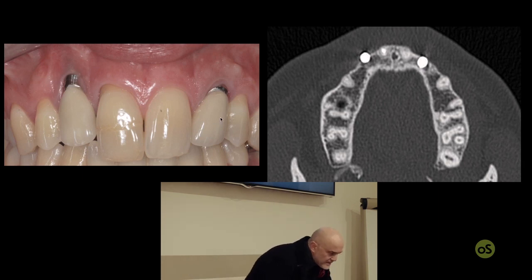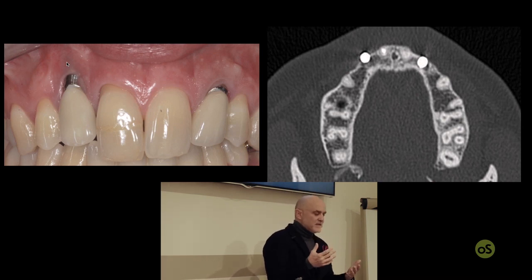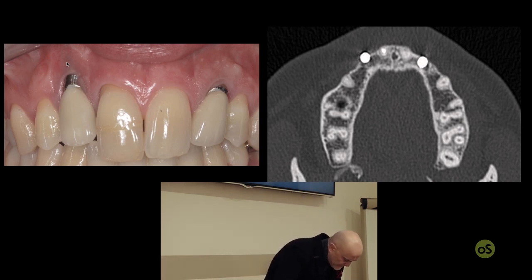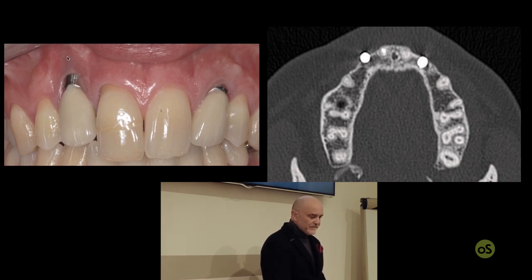But I don't see, for example, in this case, I don't see any thread. So I have to be careful in order to say, okay, this is contamination. Because before saying it's contaminated, I have to see that the soft tissue here is detached from the implant surface.